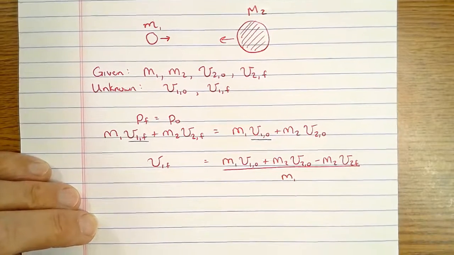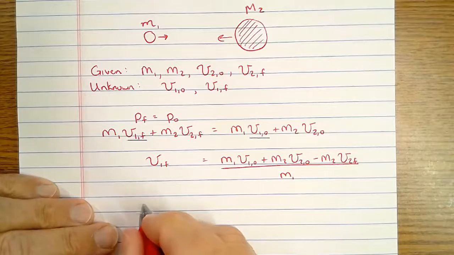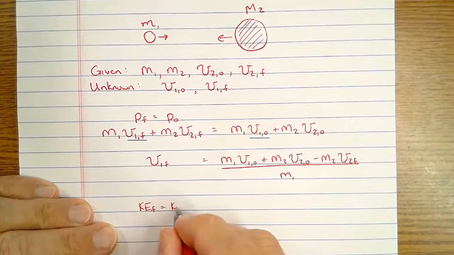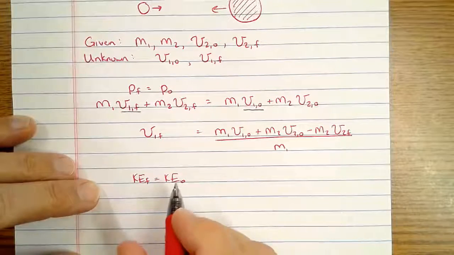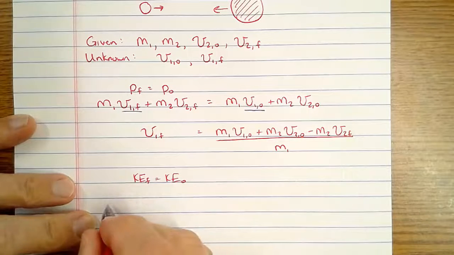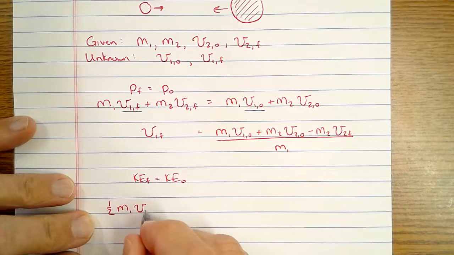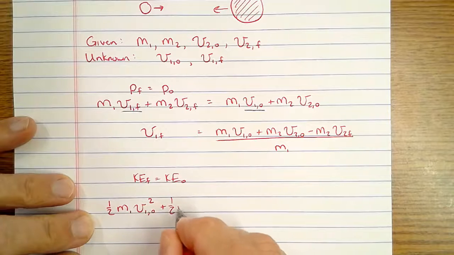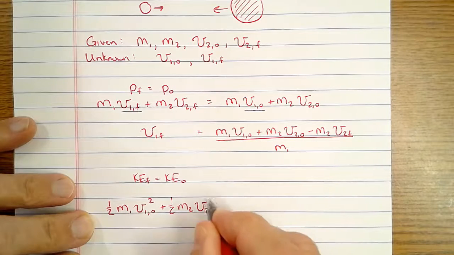So that's my equation. All right, now the second equation, we're going to use energy. We know that the kinetic energy after the interaction must equal the kinetic energy before the interaction. And so that gives us an expression that looks like this. We're going to have 1/2 mass 1, velocity of 1 initial squared, plus 1/2 mass 2, velocity of object 2 initial squared.